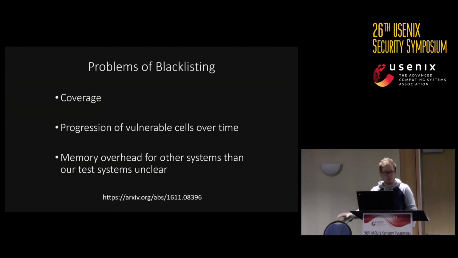So if you use a heat lamp and point it at your DRAM modules, you actually get errors. Currently, there's simply not enough information available about this wearing out or the development of vulnerable cells over time, and it's definitely necessary to conduct further research to assess this. Finally, the memory overhead of the blacklisting might simply be too high for systems which have a lot of vulnerable cells. For our systems, this was actually feasible, but there might be different cases.